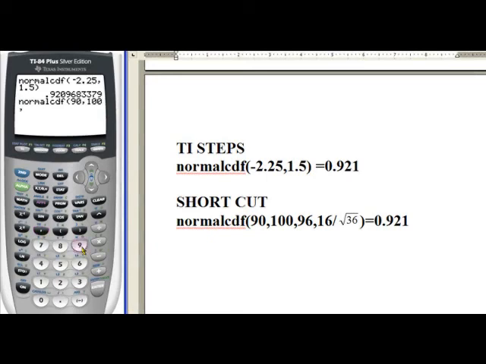So enter mu and enter the standard deviation, and in this case it's going to be 16 divided by the square root of 36, and let the calculator calculate everything. And be careful with the parentheses. The square root will put the parentheses in here, but you have a second parentheses in there. So you have to enter two of them and push enter. And it will give you the same exact answer.